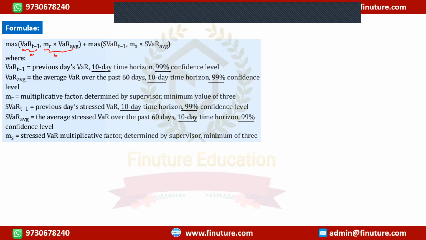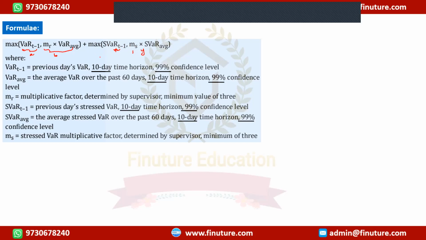Likewise, the same is applicable for stressed VaR: stressed VaR for the prior day, or stressed VaR average over 60 days times your multiplicative factor. Whichever is higher of these two, if I call this X and this Y, would be the outcome of this expression. Whatever is the outcome of this expression plus whatever is the outcome of that expression would give you the total market risk capital requirement as per Basel 2.5.